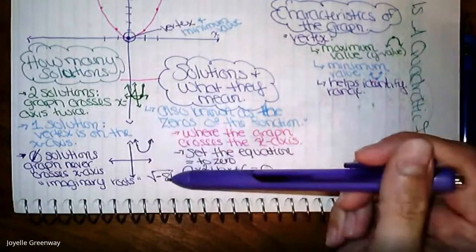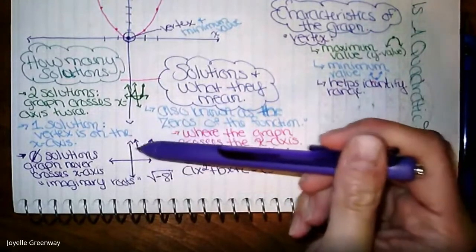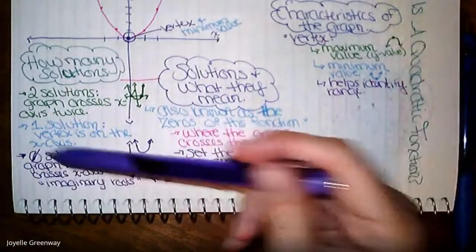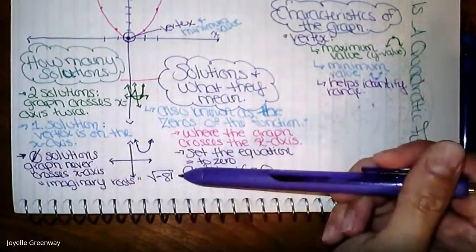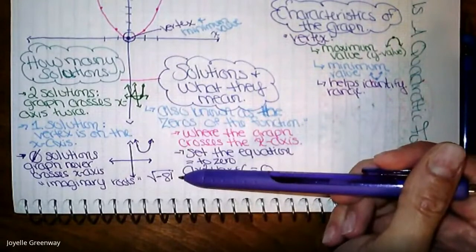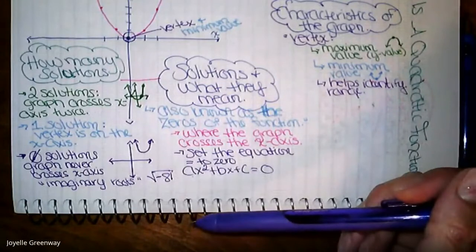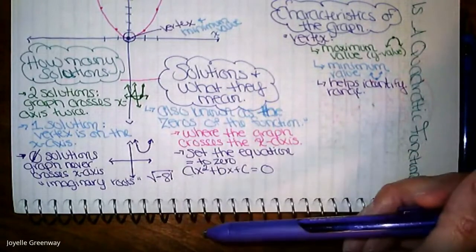But it would have imaginary roots that sit above the axis. We don't need to go into that. You just need to know that if you come up with something like the square root of negative 81, there is no solution. This doesn't exist, right? The square root of negative 81 does not exist.